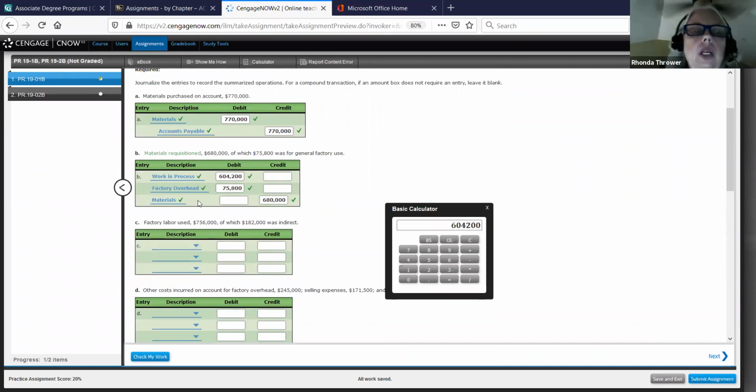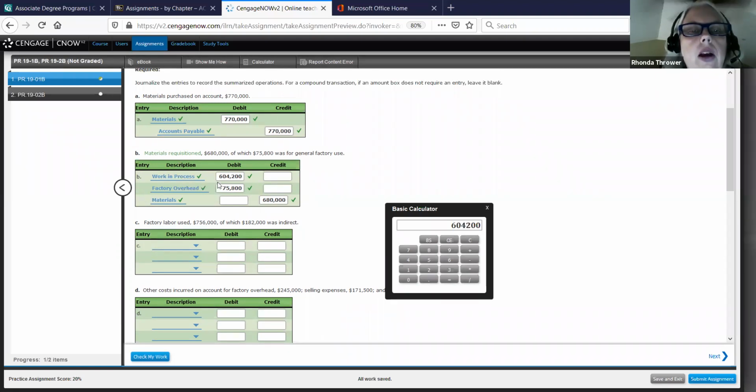And so again, when you requisition materials, you're taking materials out and placing those materials into production where you're wanting to convert them to finished goods. We take them out of the materials account, and part of those, which are direct materials, will go directly into work in process, which is an asset account. That's why we debited it.